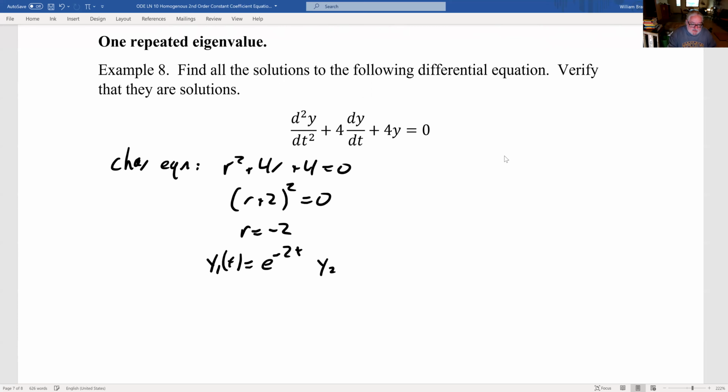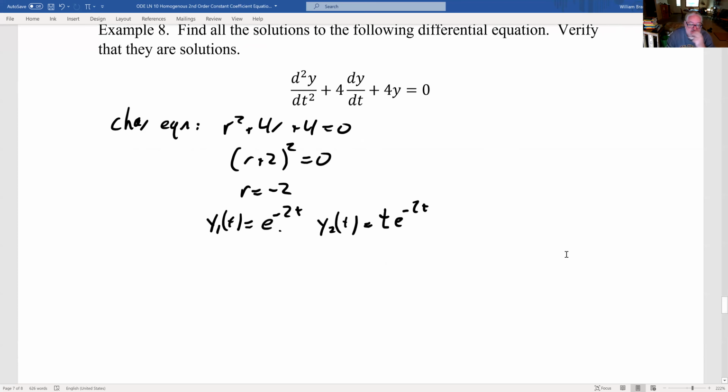I need a second function. And once we get to the linear algebra parts, we'll be able to explain why we multiply the first one by t to get the second one.